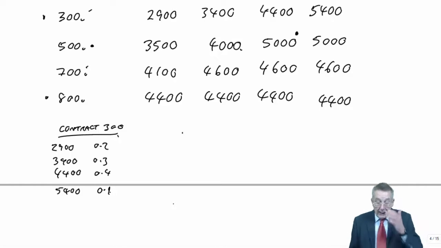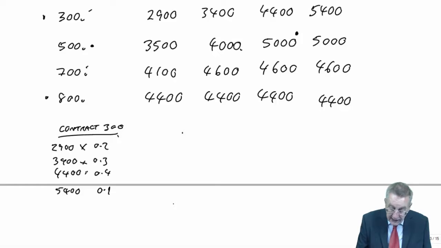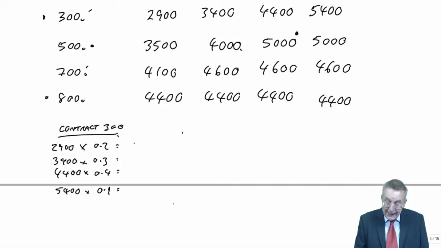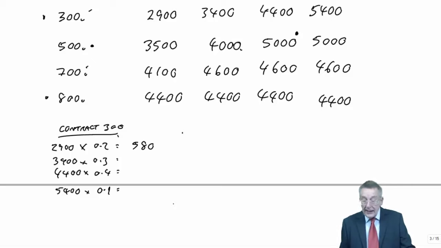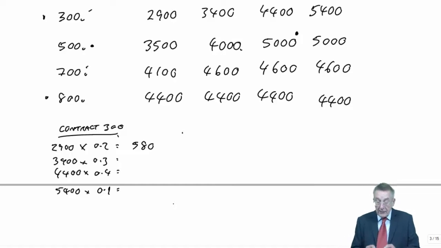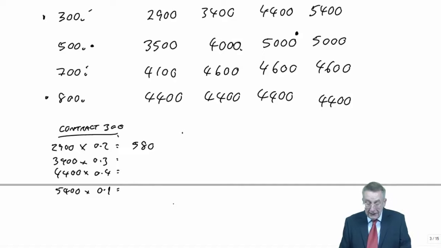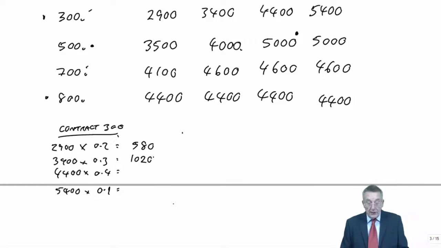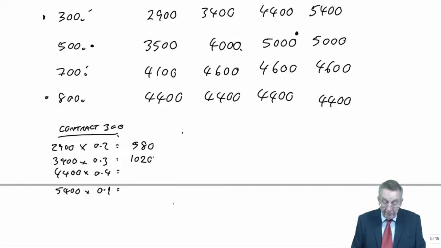And to get the expected return, the expected value, we multiply by the probabilities and add up. So 2,900 times 0.2 is 580. 3,400 times 0.3 is, for some reason, I always tend to get this wrong, 1,020. 4,400 times 0.4 is 1,760. 5,400 times 0.1 is 540.